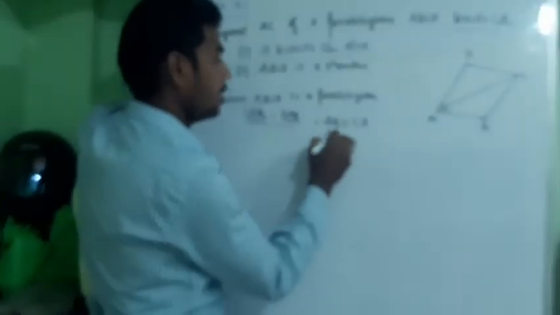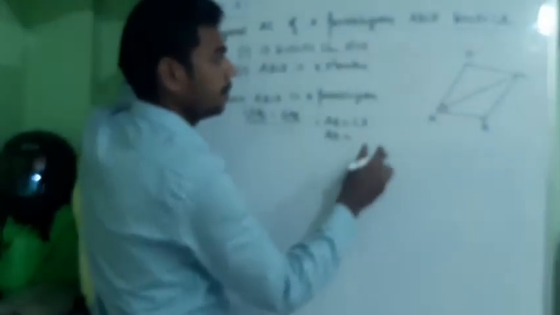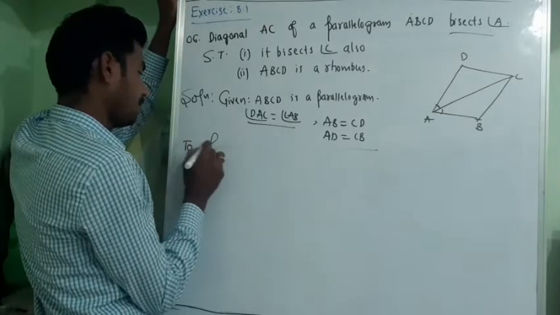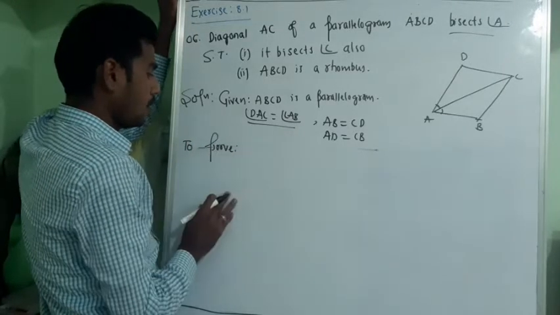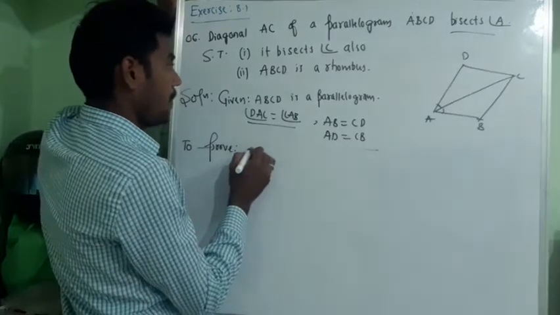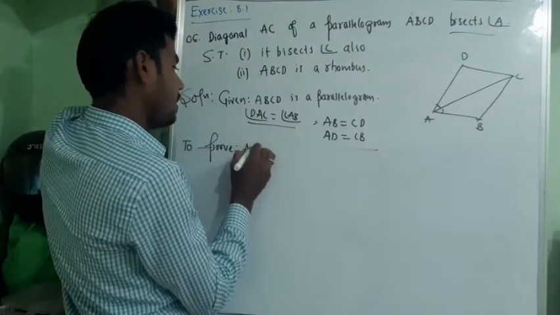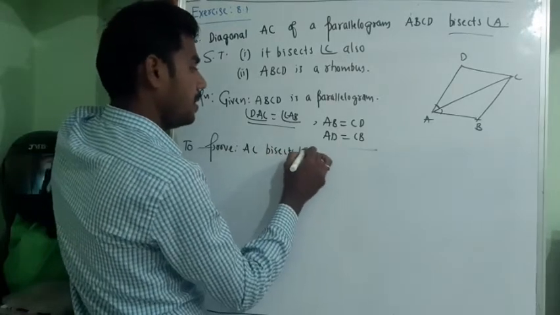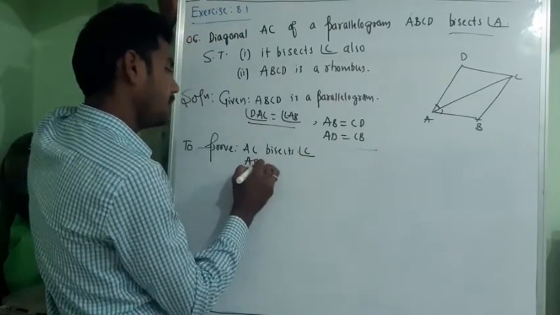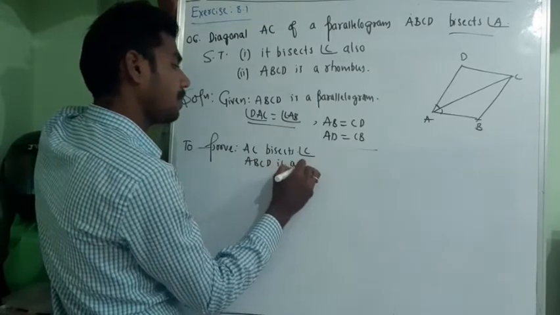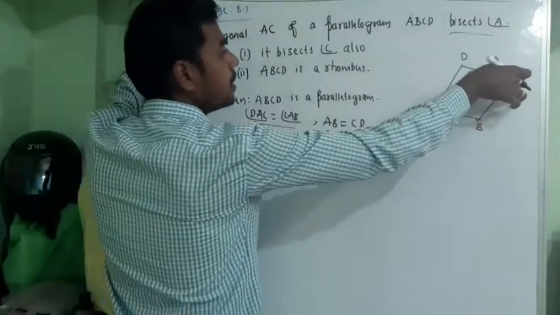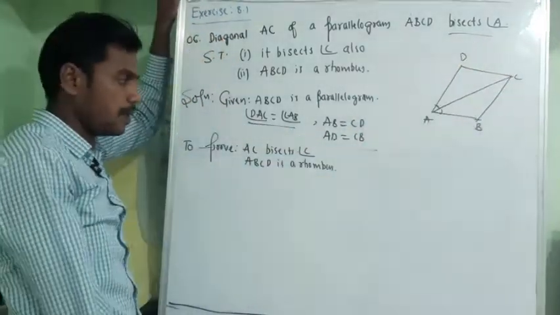And AD is equal to CB. Fine. This is given. What is required for us to prove? AC bisects angle C, and we need to prove ABCD is a rhombus. What does it mean? We need to show AB is equal to BC, BC is equal to CD, CD is equal to AD. All the sides of the parallelogram are equal.